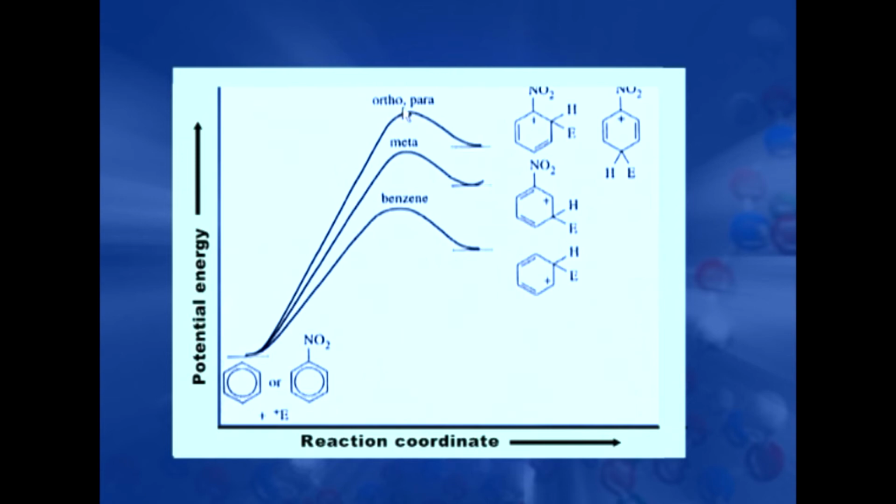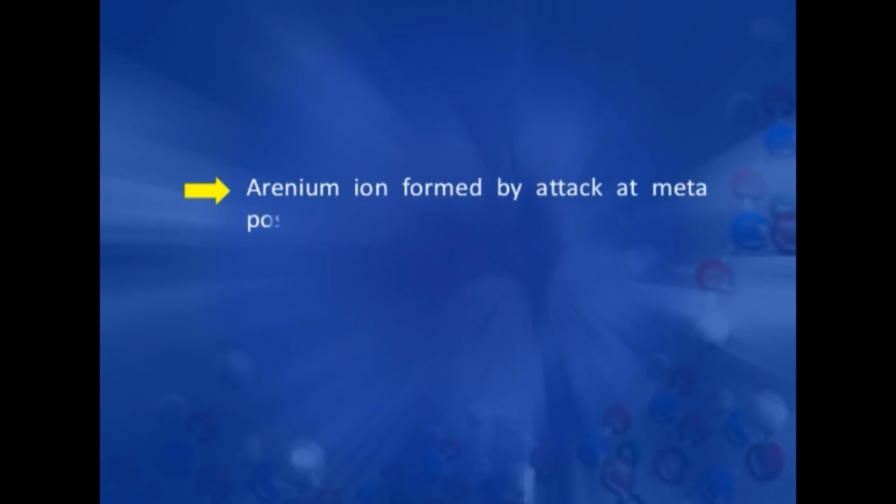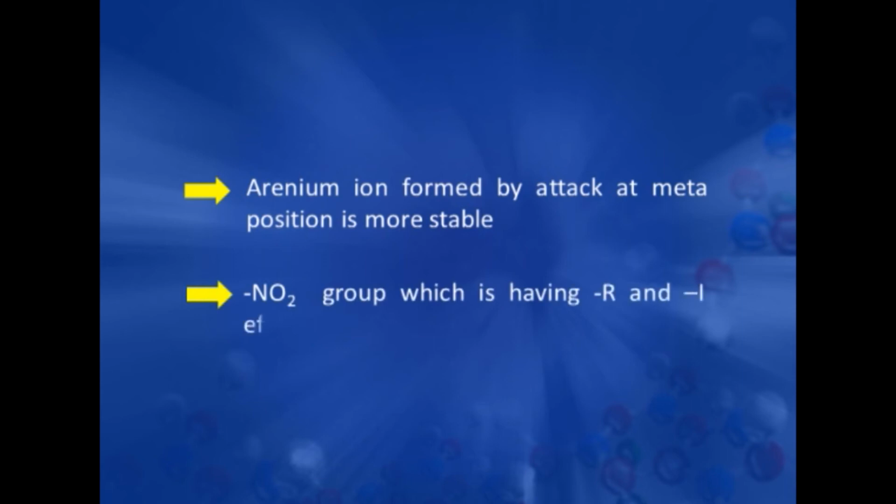The reason, as we have discussed, is that in ortho and para the contribution towards resonance is less as compared to meta. So, the meta intermediate arenium ion is more stable as compared to ortho and para. So, we can say the arenium ion formed by attack at the meta position is more stable. So, the nitro group, which has a minus R and minus I effect, is a meta director.